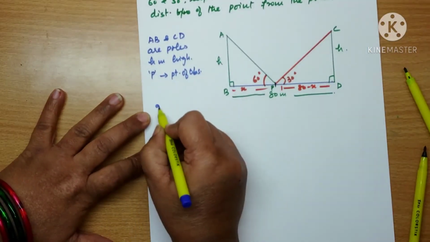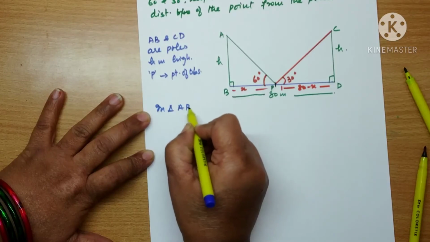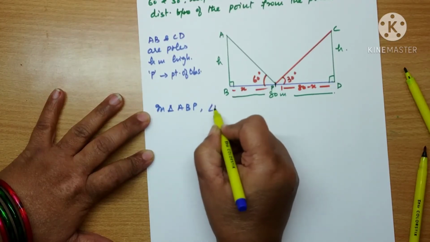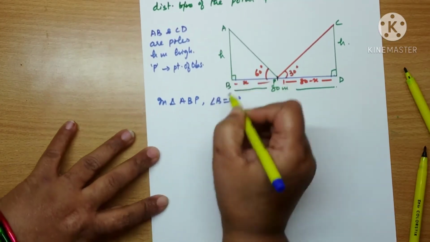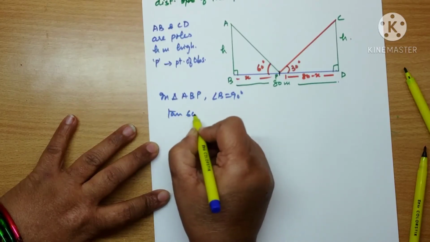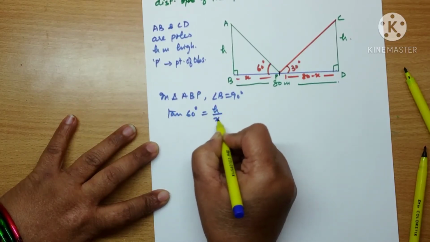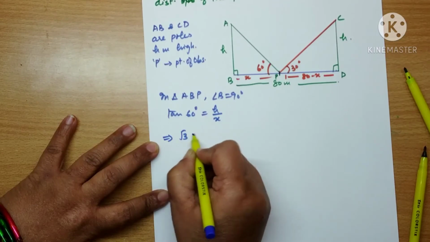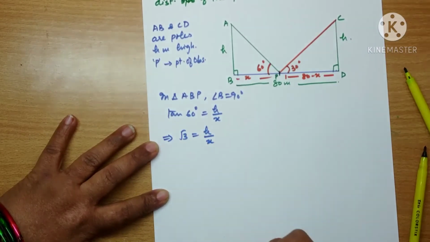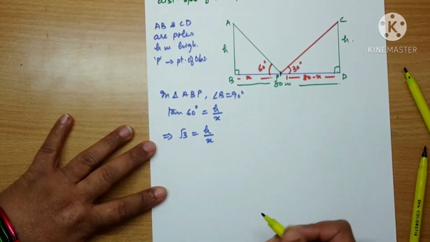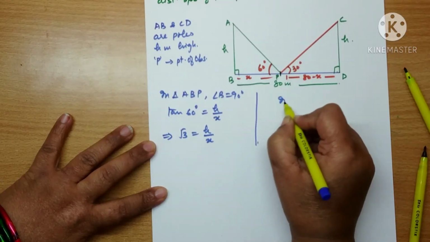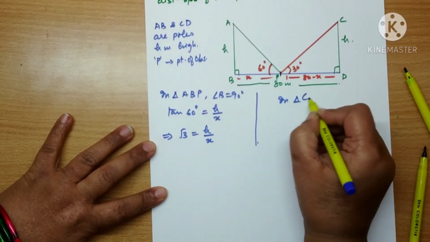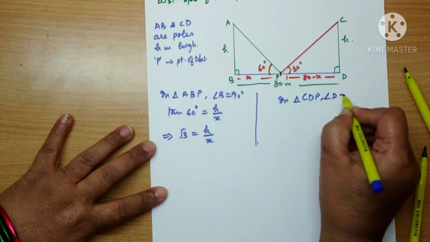Now in triangle ABP, angle B is 90. So tangent 60, which we know is root 3, is h upon x. Next, in triangle CDP, angle D is 90.